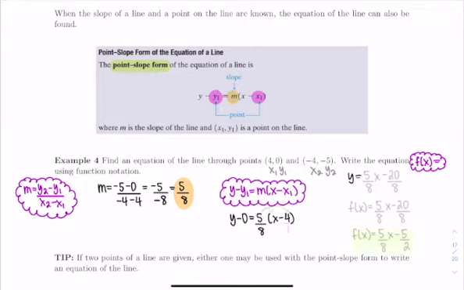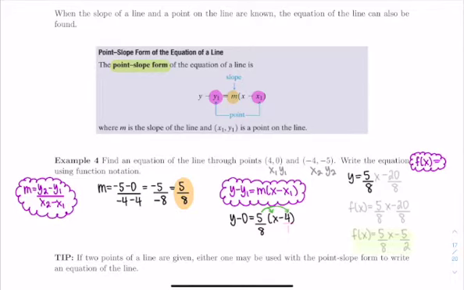And so we get y equals 5 over 8, and I want to make sure that I distribute this to both pieces.